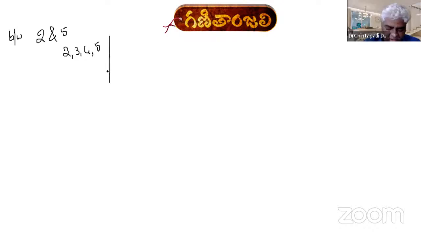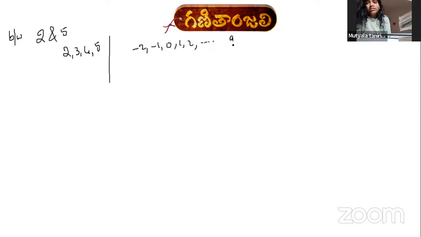First of all, let's go to the concept of what are integers. -2, -1, 0, 1, 2, and so on. These are all called integers.